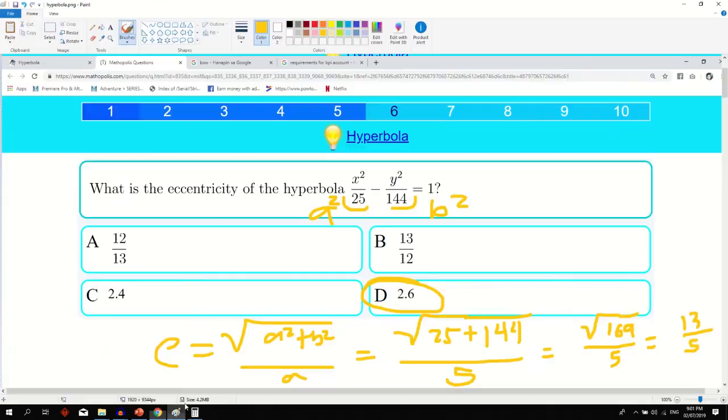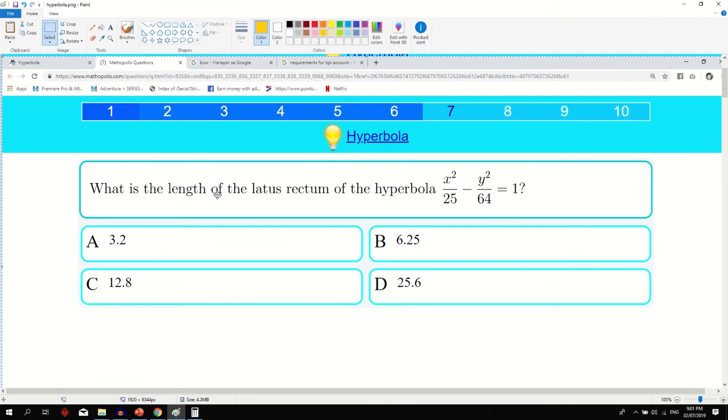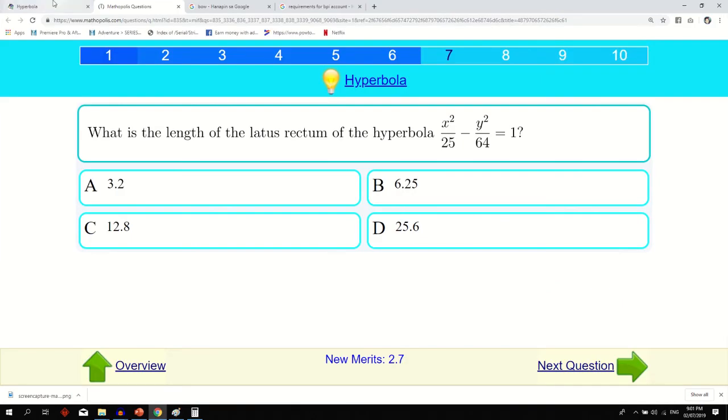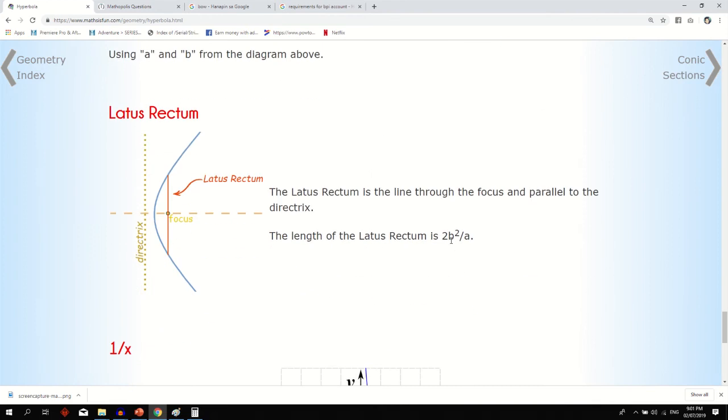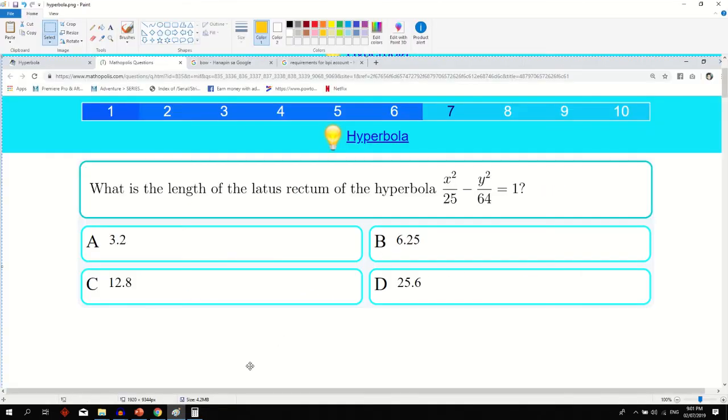Okay, what is the length of the latus rectum of the hyperbola? As we remember, the length should be 2b squared over a. So the latus rectum is equal to 2b squared over a. Am I correct? Yeah. Okay, so here we have this as a and this as b.